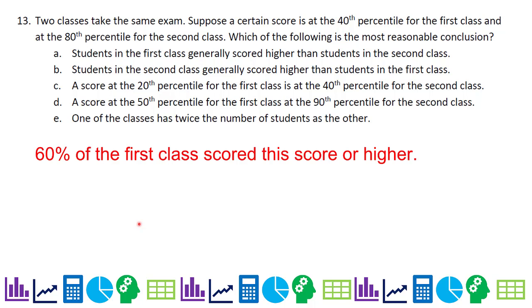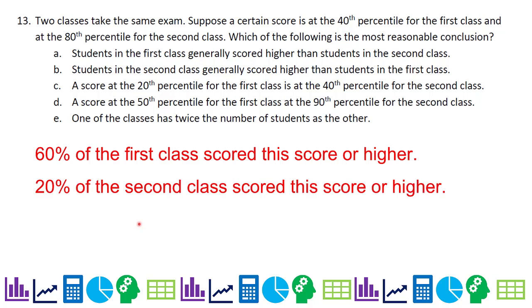Now, for the second class, that score is at the 80th percentile. So 80% of the class is at or below that score, which means 20% of the class is at or above this score. So it looks like the students in the second class probably did better.